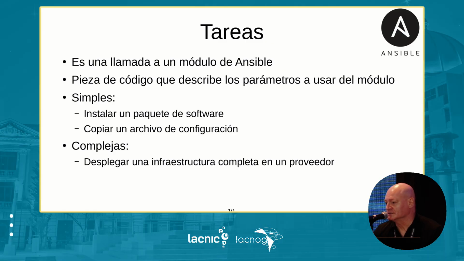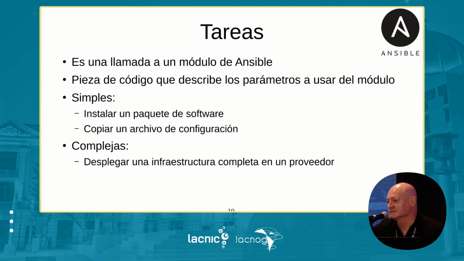So the task is associated to a module in Ansible. So I will have the code and I will execute something. That something could be something very simple, like installing a software package in a remote machine, or copying a configuration file, or more complex, like deploying the full infrastructure.